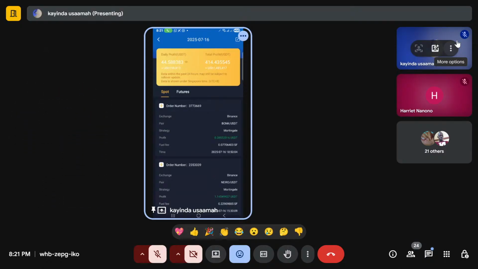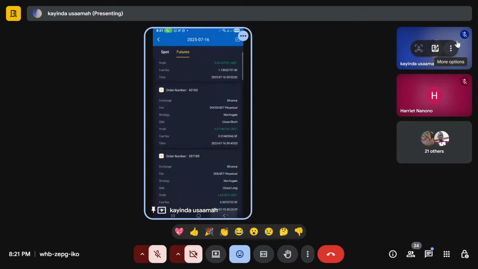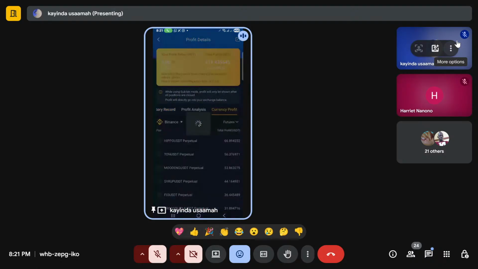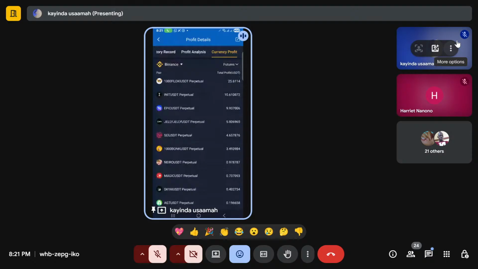So, in the profit details, you can see money made in spot and in futures. Have you understood that? Then profit analysis, currency profit. When you come to currency profit, the robot will show you which coins made more money in spot.